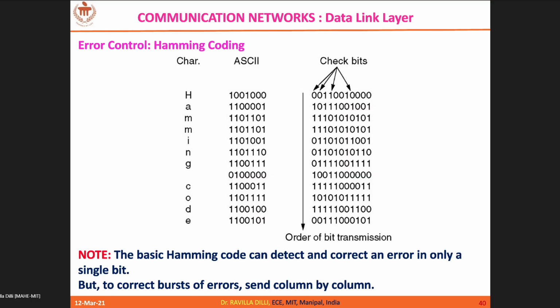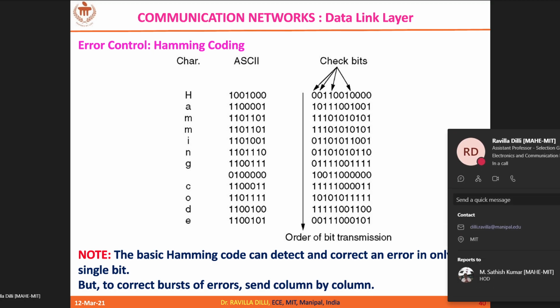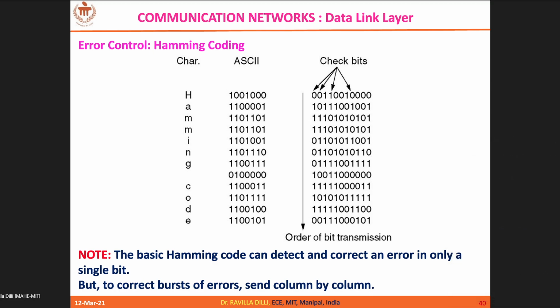And this is a two-dimensional approach that you can do, so for example, Hamming code. The equivalent ASCII values are these, and for every character, H corresponds to 1001000. For this 7 bit value, you generate R bits and you will get the code word. Like that, you do it for all the characters.